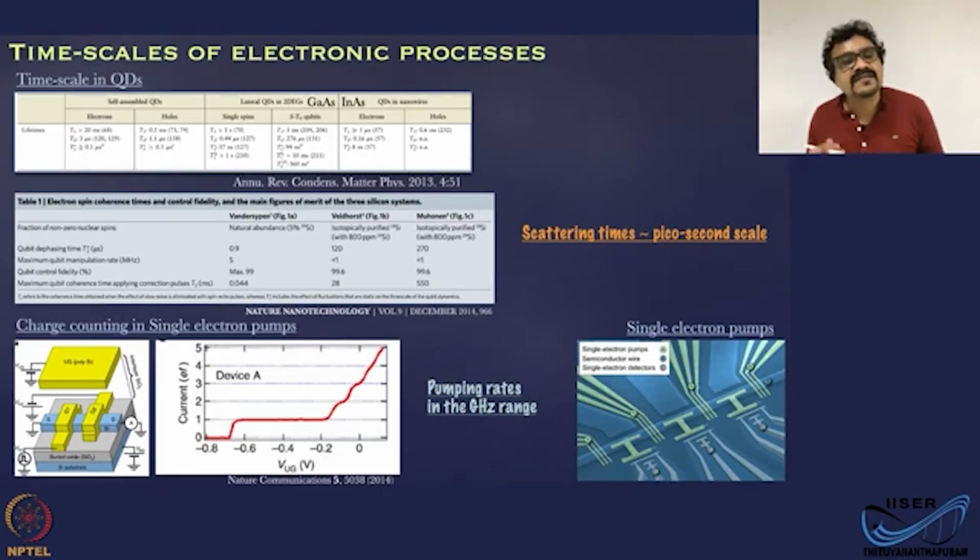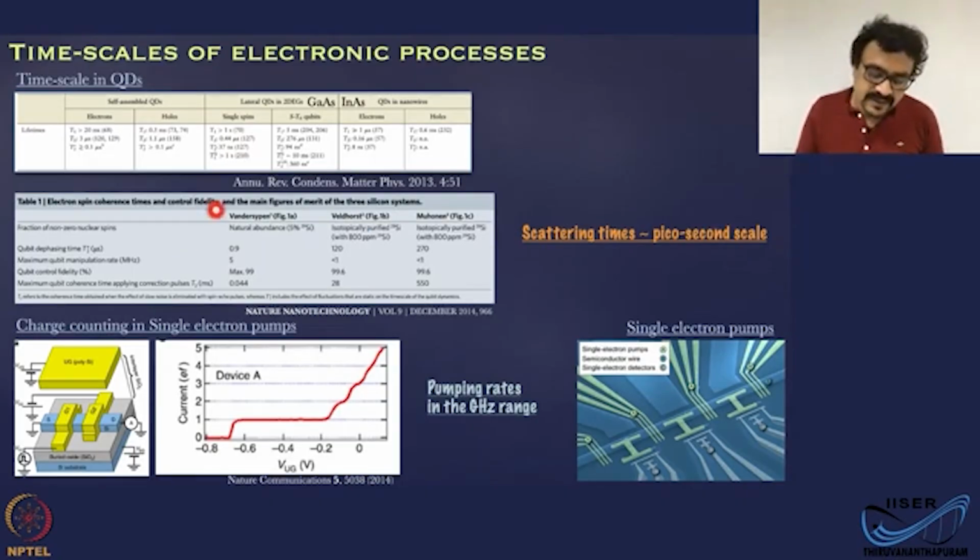And the orbital relaxation and all those other charge relaxation are really, really fast. What is shown here are these lifetimes or various time scales associated with spin states, which are the backbone of spin-based quantum computation scheme.